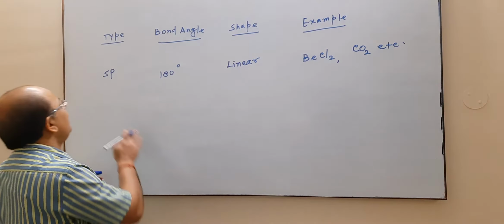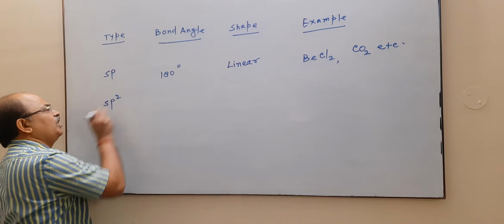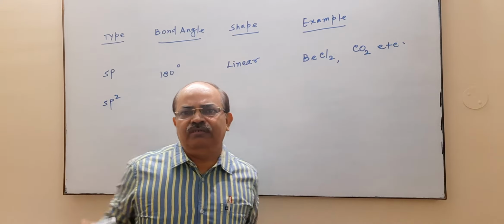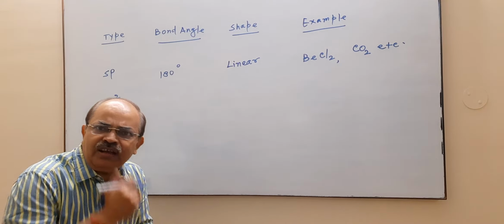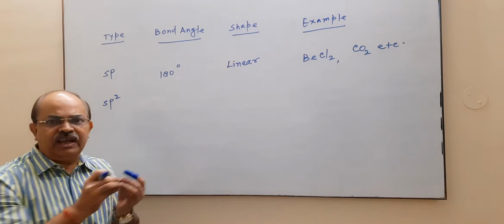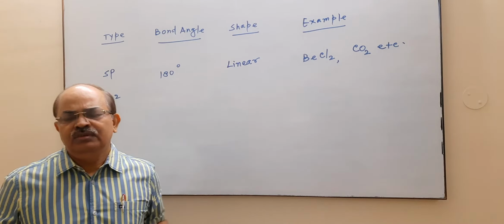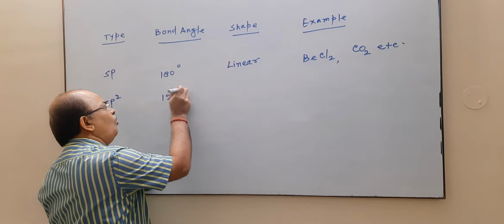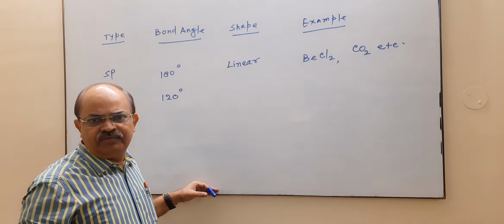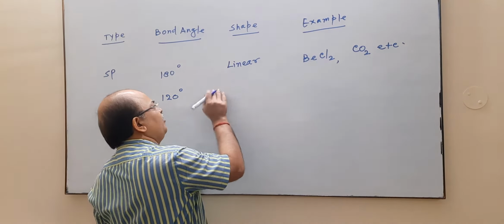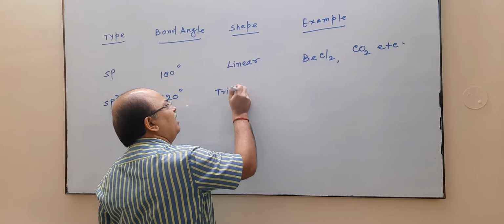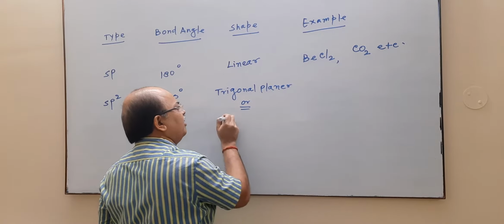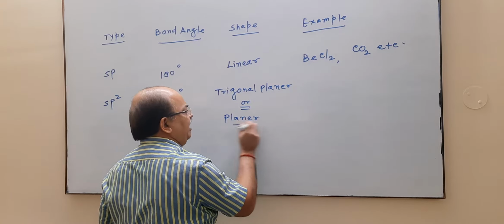Now the second type is sp2. We should not pronounce it sp square; we will say sp2. If the hybridization is sp2, then the bond angle will be 120 degrees and the shape will be trigonal planar, or simply called planar.